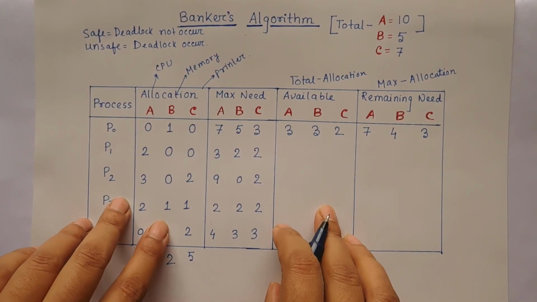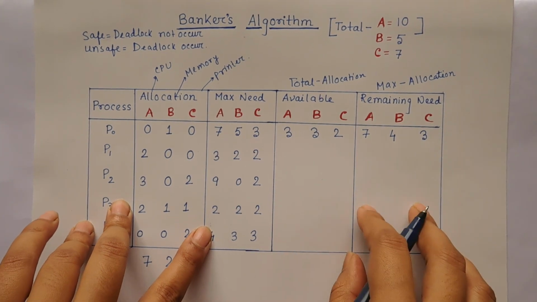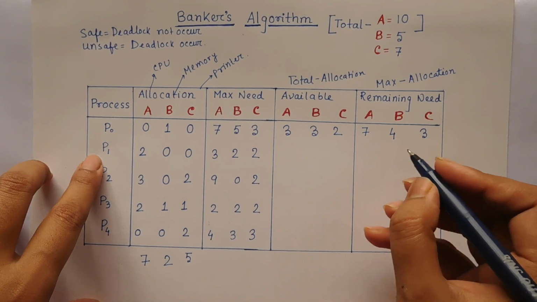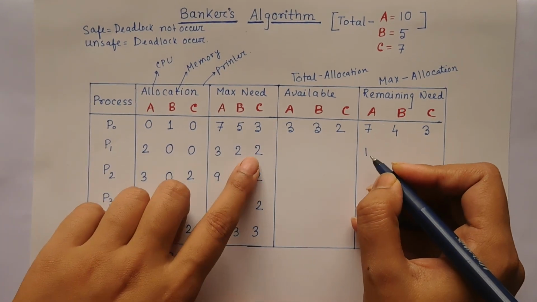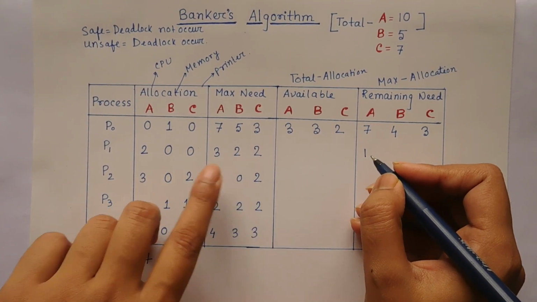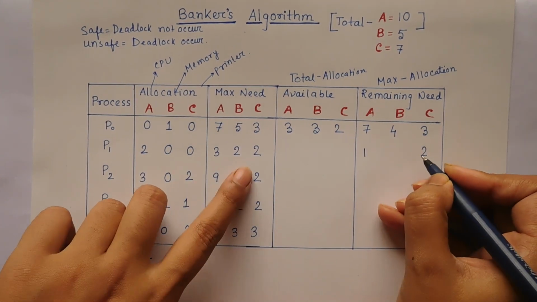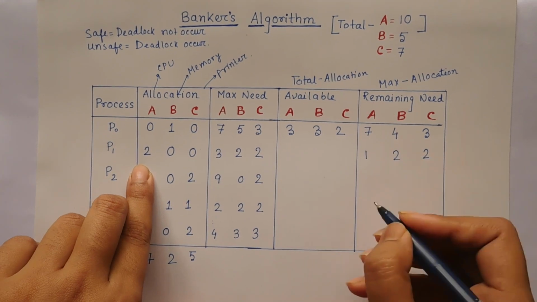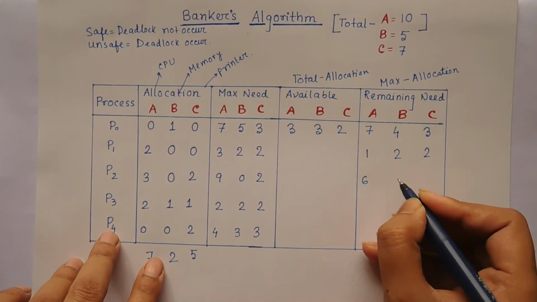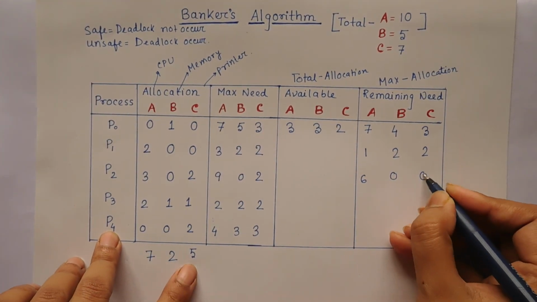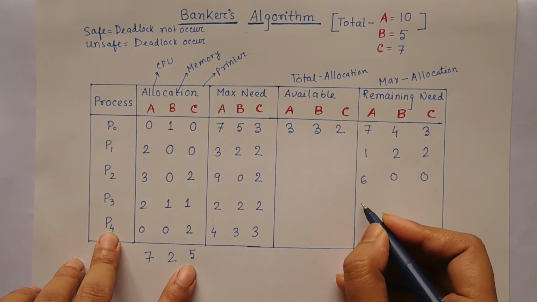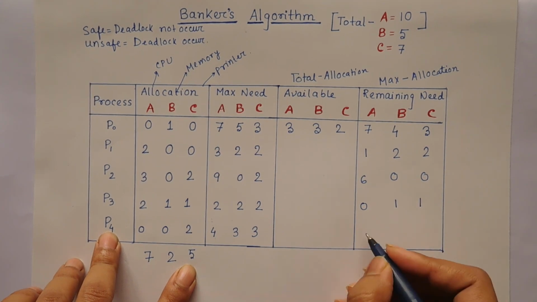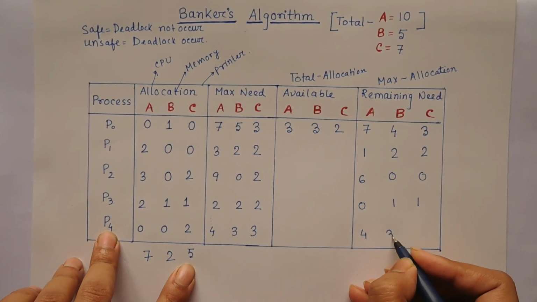In this way, we can find all the remaining need for processes P1, P2, P3 and P4. Here it is 2 minus 0, that is 2, 2 minus 0, that is 2, and 3 minus 2, that is 1. In this way we can find all the remaining need for the processes P2, P3 and P4.